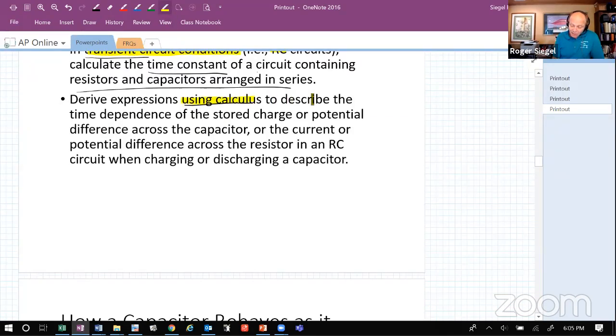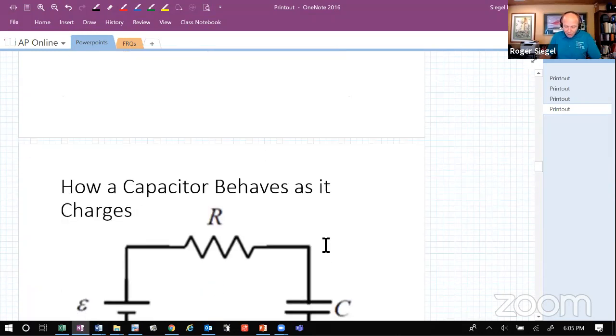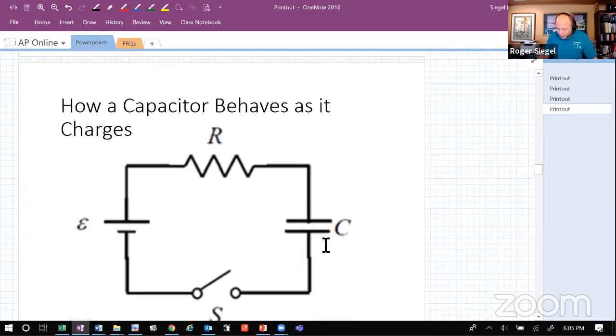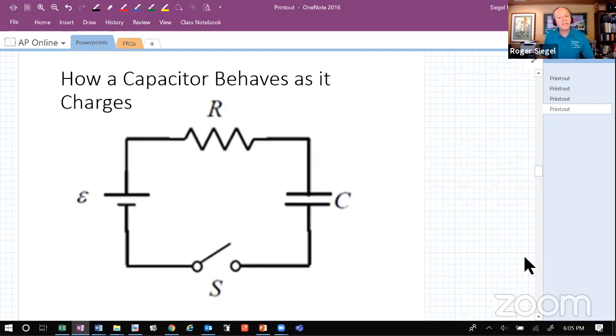Tonight we're going to use calculus to describe the time dependence of the stored charge or potential difference across the capacitor, or the current or potential difference across the resistor in an RC circuit when charging or discharging a capacitor. I need to talk a little bit about how a capacitor behaves, and I'm going to start talking a little faster because I have a lot to cover tonight.